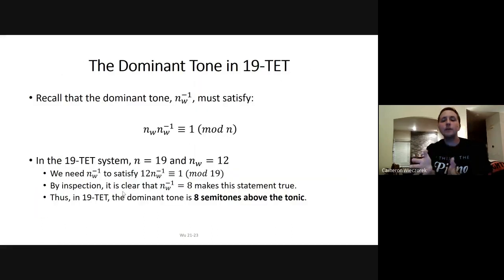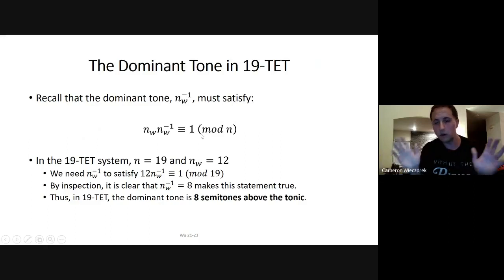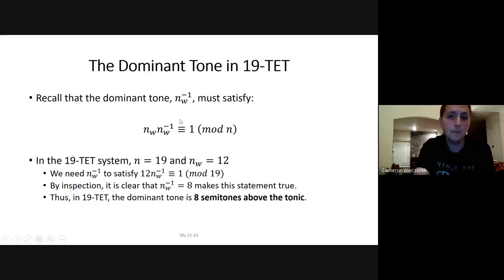So what would the dominant tone be then in the 19-tone system? We said that the dominant is going to be represented by 7 semitones in the 12-tone system. This equation still has to be satisfied for any n-tone system, 12, 19, 30, 50, whatever you want. So let's plug in some different values now, since we're dealing with 19 TET, and figure out what the dominant tone would have to be.